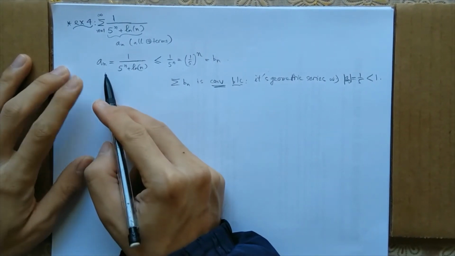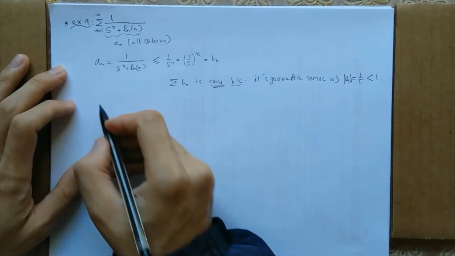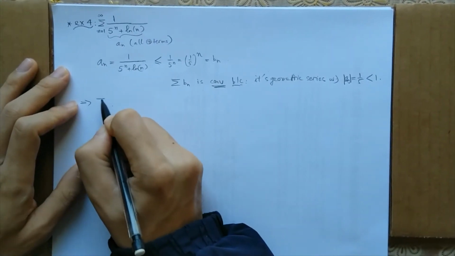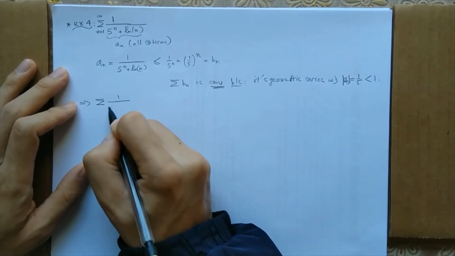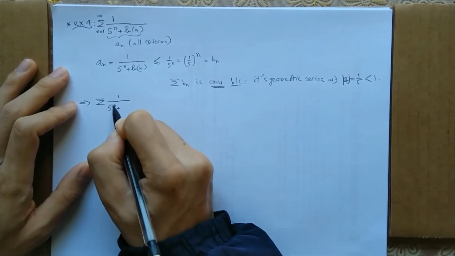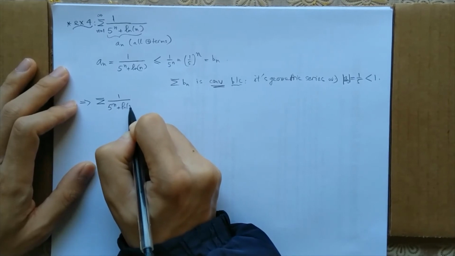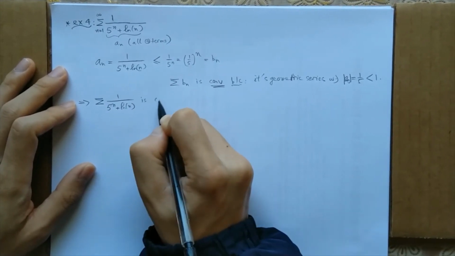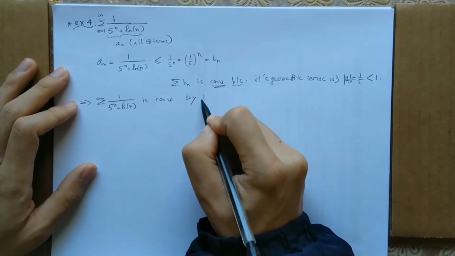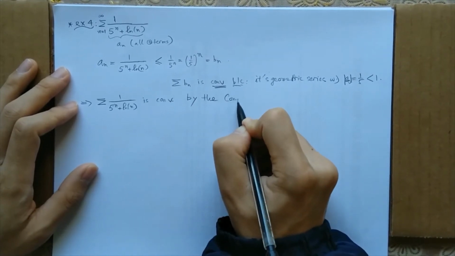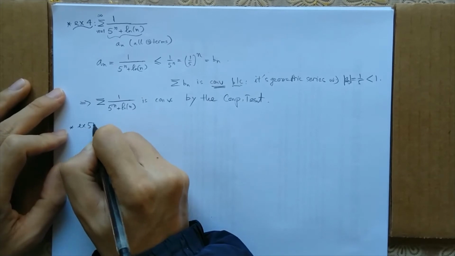When you have a_n less than a convergent series b_n, it means that a_n is itself convergent. Less than convergent implies convergent. Remember that. So it is convergent by the comparison test.